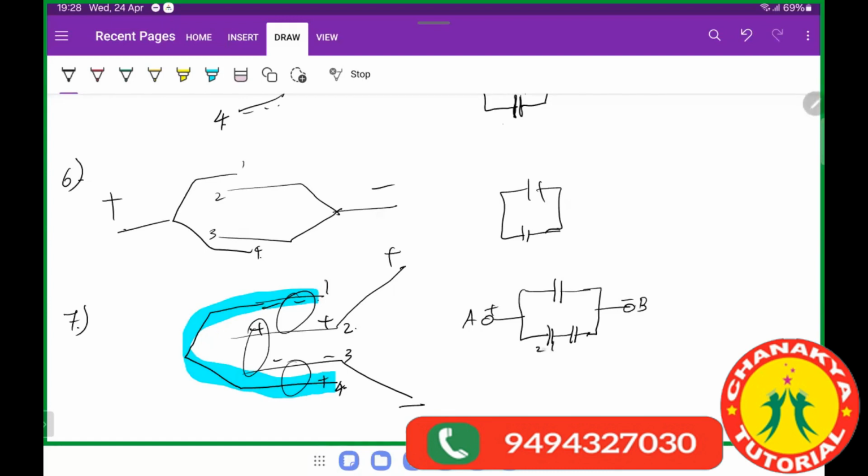So here 1, 2, and 4 are connected. So 1 and 4, and this is 3. So 3 here, then 2 here.